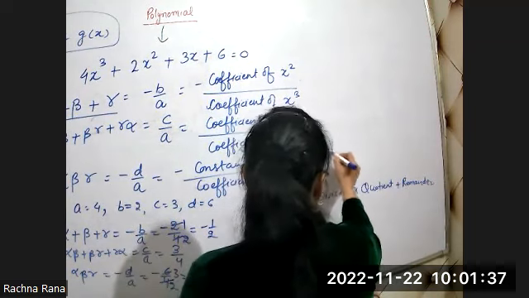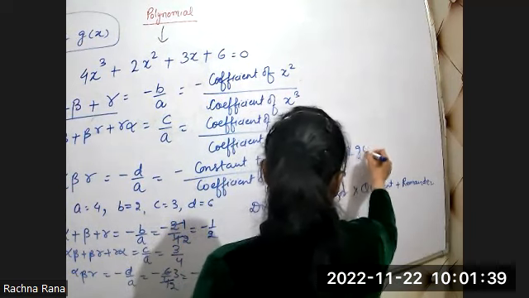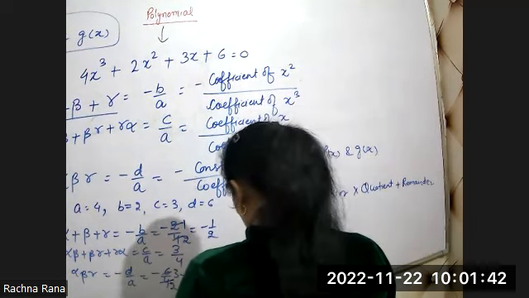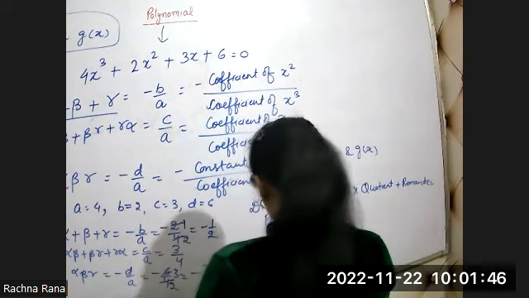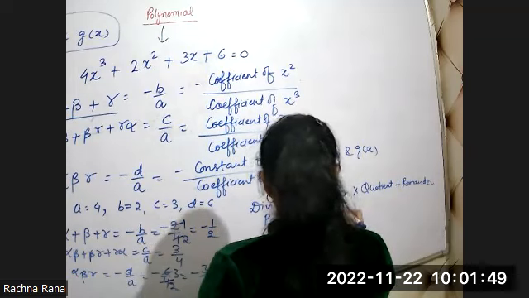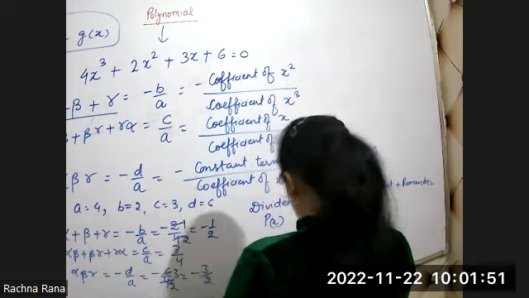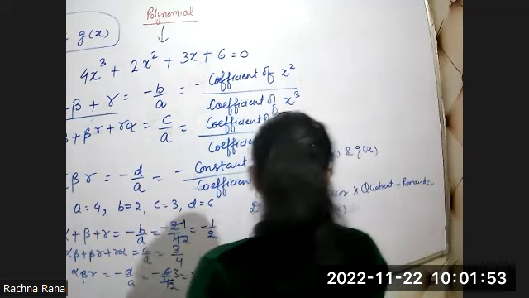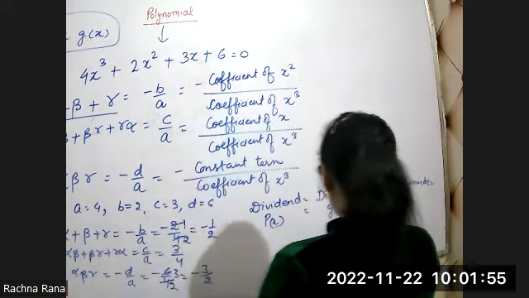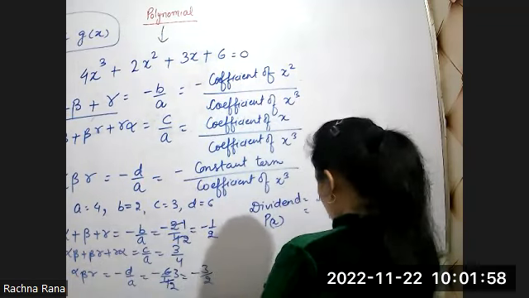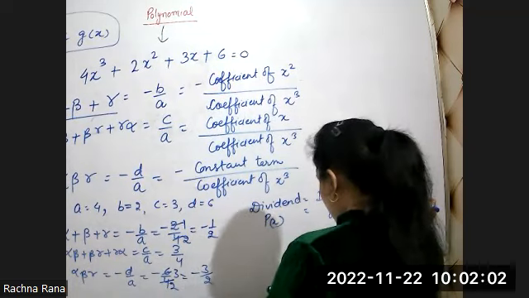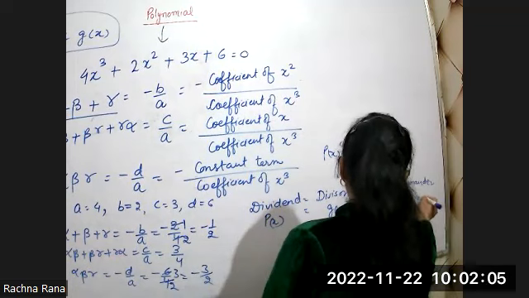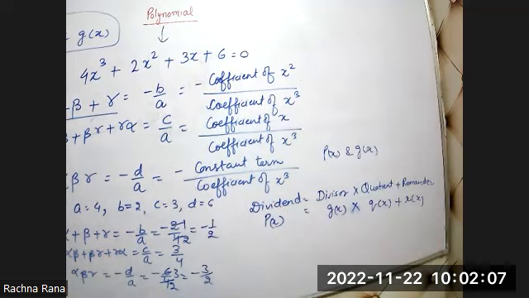According to p(x) and g(x), here p(x) is the dividend and g(x) is the divisor. q(x), which we will find out after dividing p(x) by g(x), is represented by q(x), and the remainder is represented by r(x). This method is used in the division algorithm.